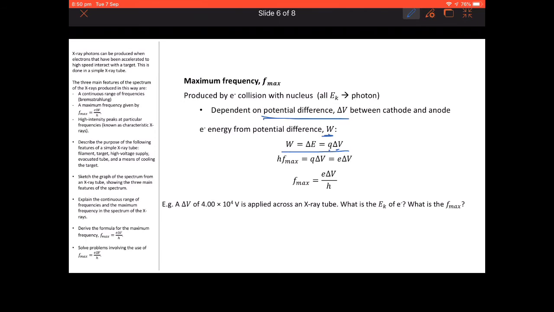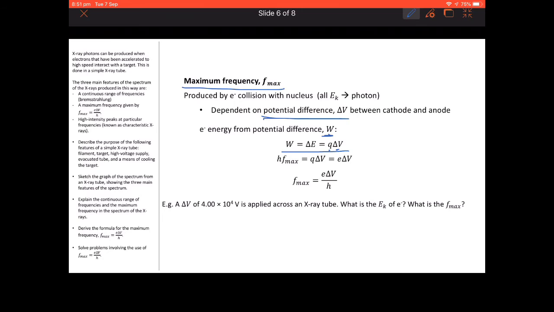This change in energy is entirely converted to the energy of a photon, because we're talking about the maximum frequency, when the electron collides with the nucleus.